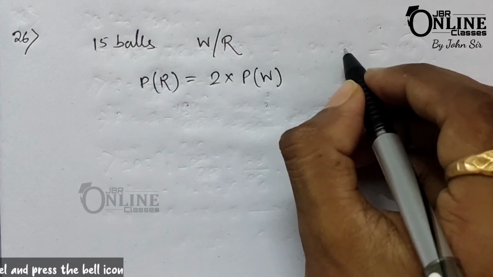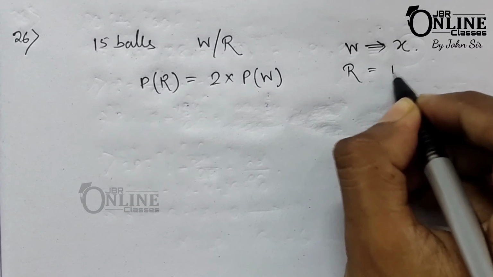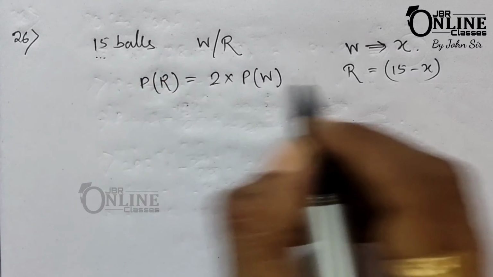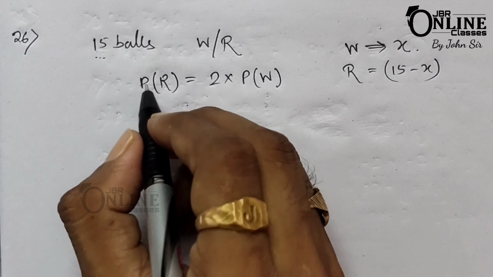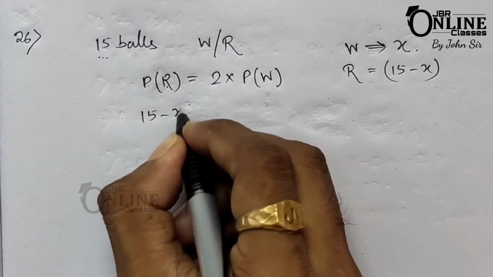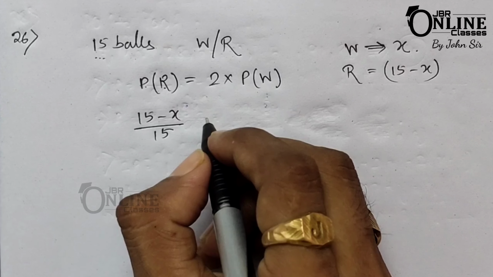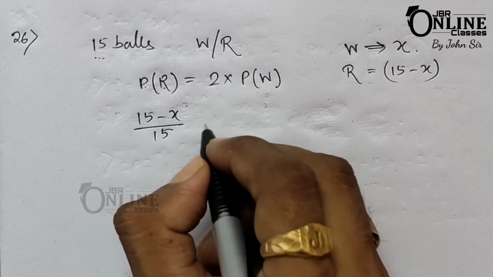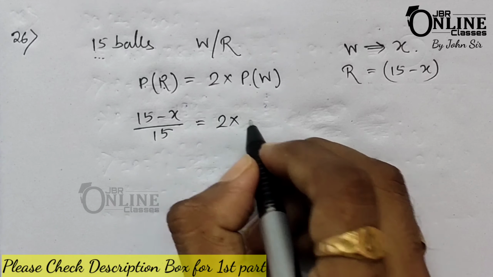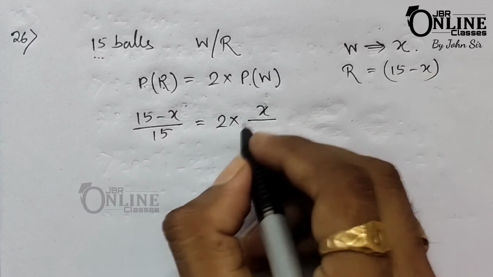Suppose there are x white balls, then the number of red balls equals 15 minus x, as 15 is the total number of balls. Probability of red ball equals (15 minus x) by 15, and that equals 2 into the probability of white ball, which is x by 15.